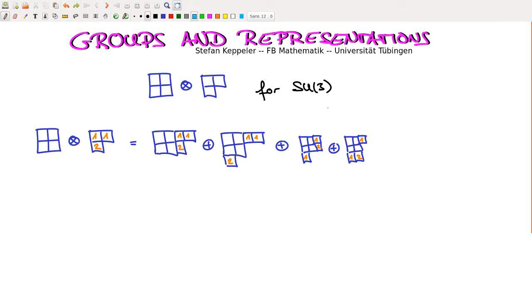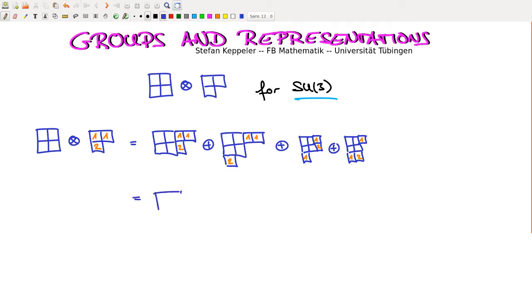But now we said we do SU3. This means that we can always omit columns with 3 boxes, like this one, and even these 2 here. So we would write the result as follows.